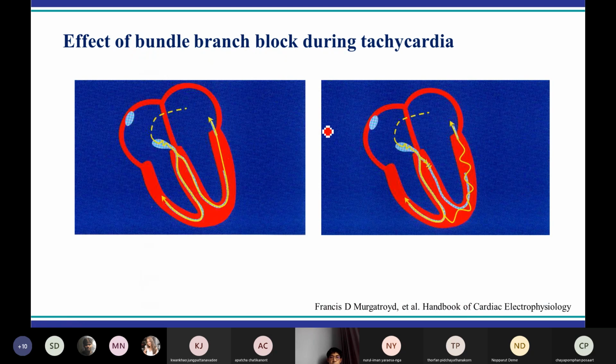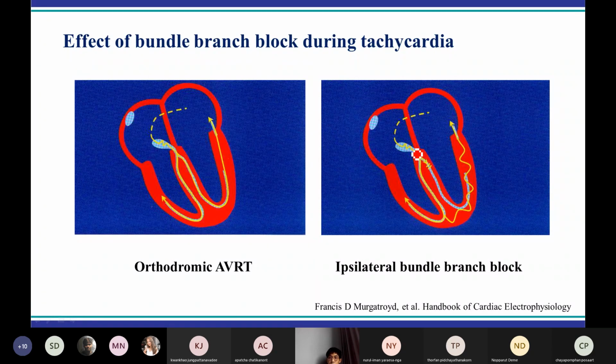And again, the effect of bundle branch block, the Kumel sign that I have previously talked about. If there is an ipsilateral bundle branch block, it means that during the orthodromic AVRT, the patient used both bundle branches to activate the re-entry circuit.